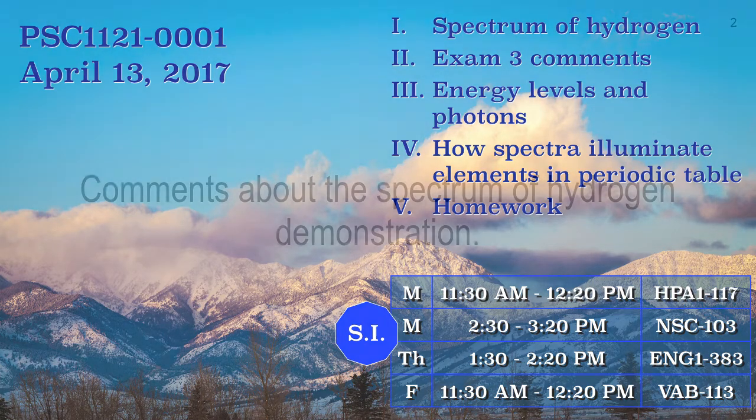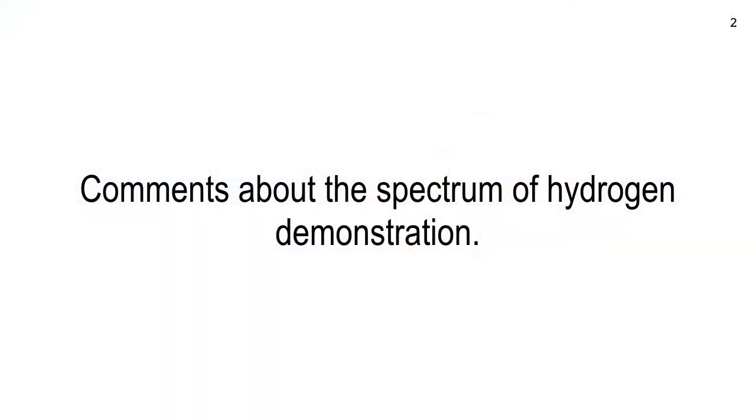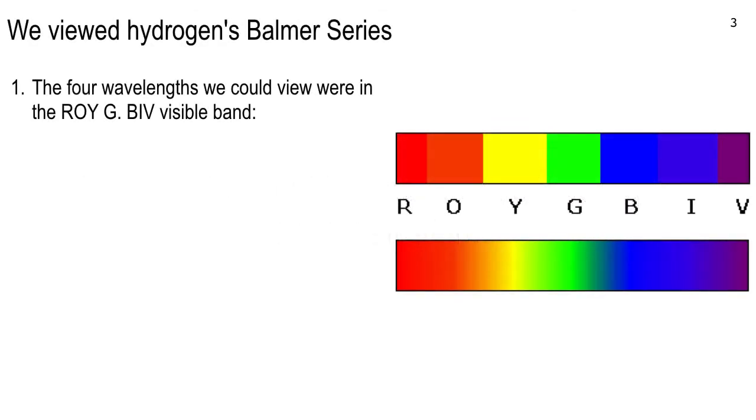All right. Now, I want to give you some more comments and instruction about the spectrum of hydrogen. And actually, what we'll do is we'll start with the continuous spectrum. The 4 wavelengths that we viewed are in what we call the visible band, or the Roy G. Biv band.